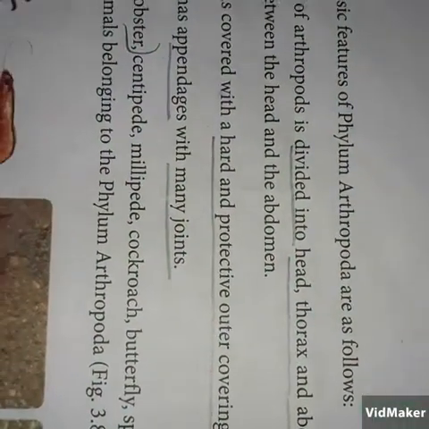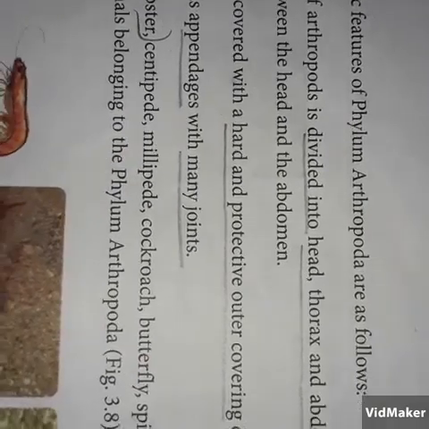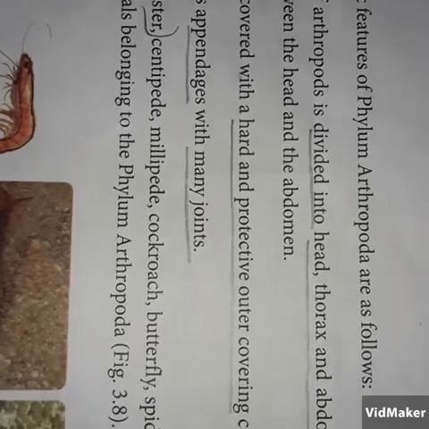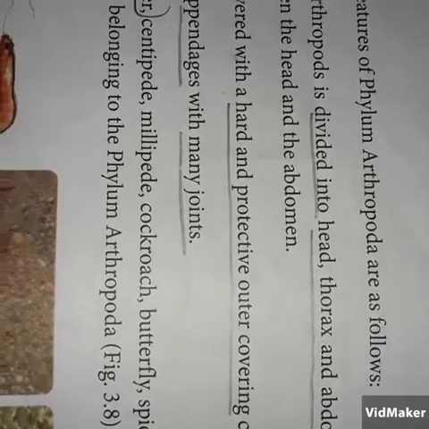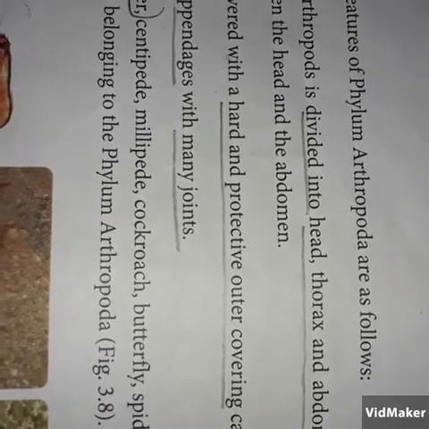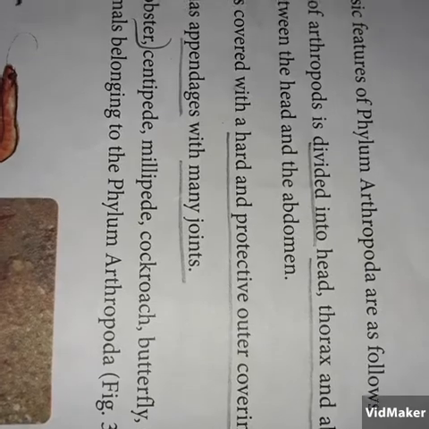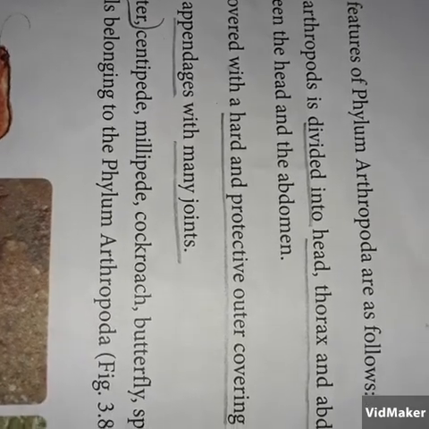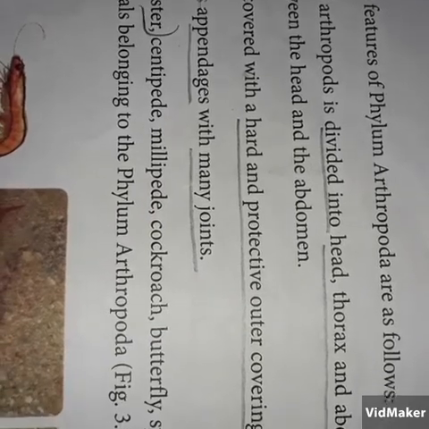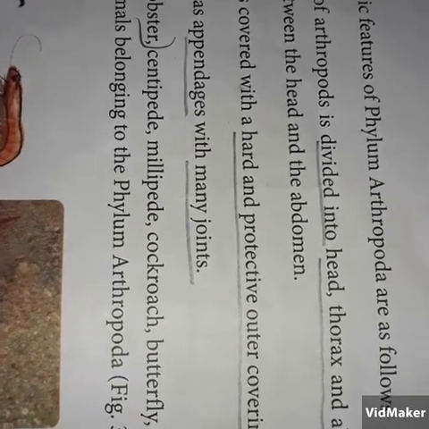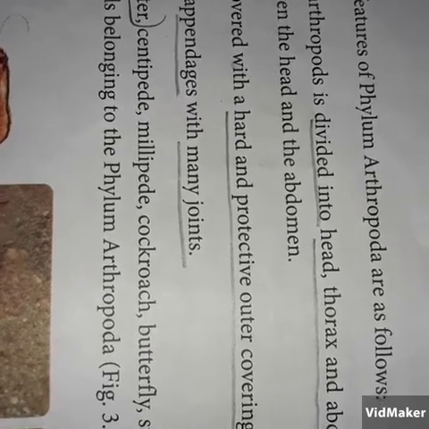Then Arthropoda. The characteristic features of phylum Arthropoda are as follows. The body of arthropods is divided into head, thorax and abdomen. The thorax is situated between the head and the abdomen. Second point, the body is covered by a hard and protective outer covering called exoskeleton.